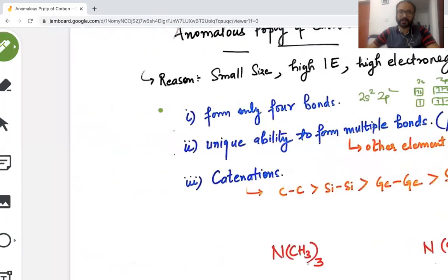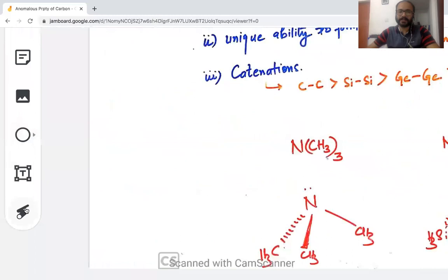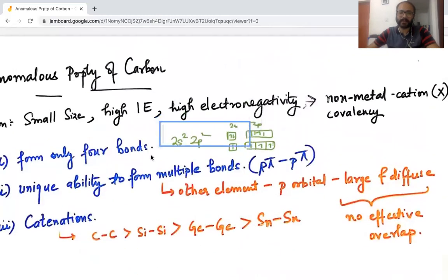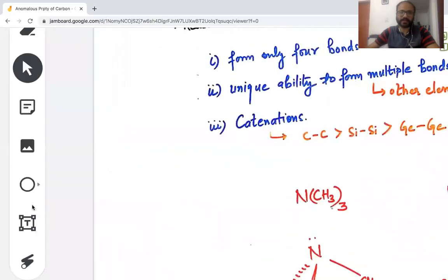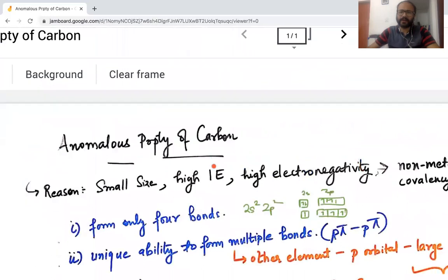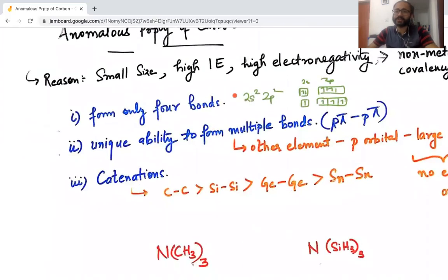This is only possible in the case of carbon, because for the other elements in the group, when we come to silicon, the electronic configuration is 3s2 3p2, and at that time I told you that it also has a 3d subshell which is empty.